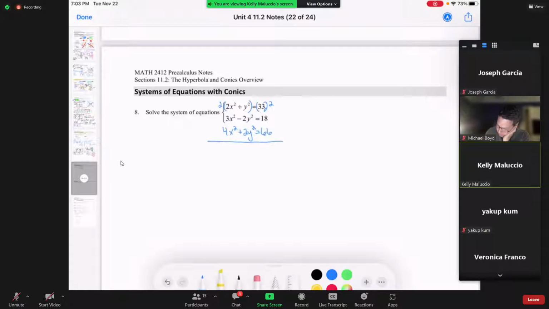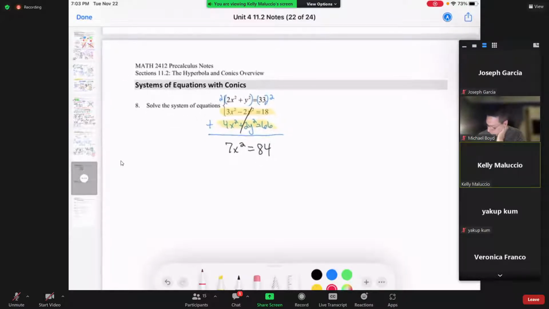And then taking this equation and this equation and adding them down so that you see these cancel. I'm left with 7x squared equals 84.